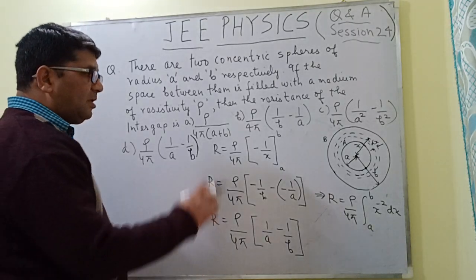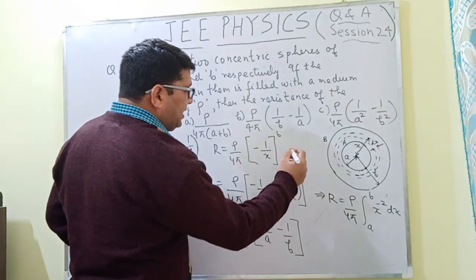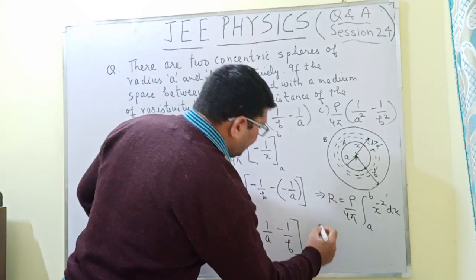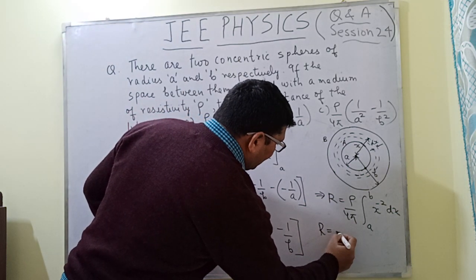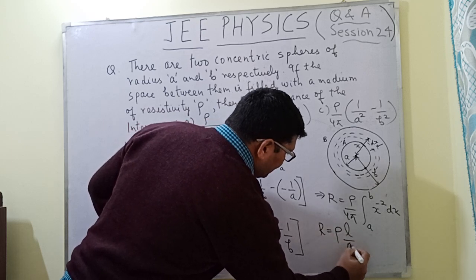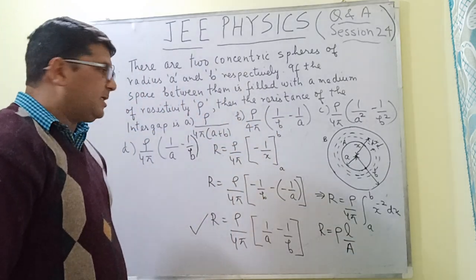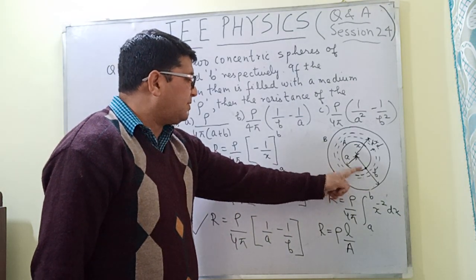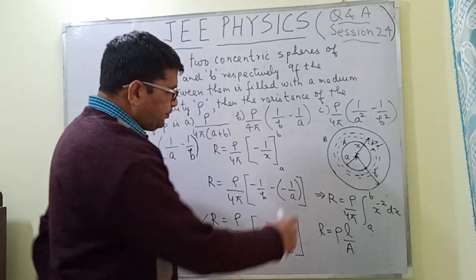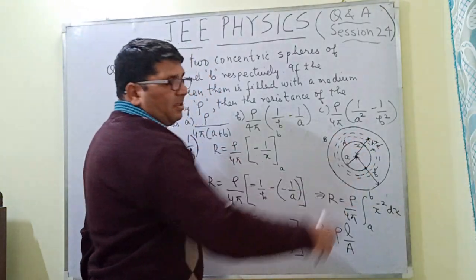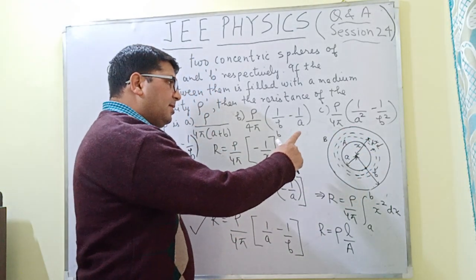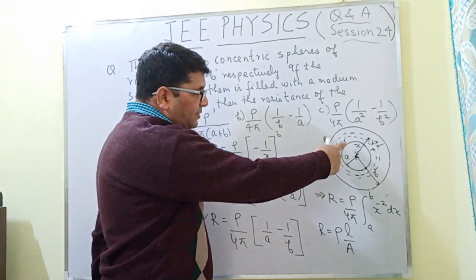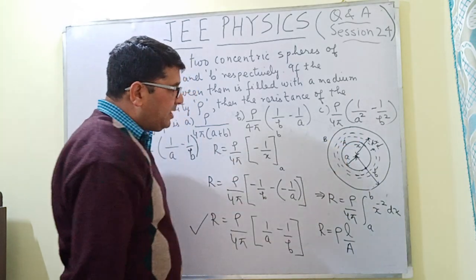The most important thing which we have to remember here is that the resistance R is equal to rho L by A. You have to use this formula. And the second thing is that since we have to find the resistance of this intergap, you have to consider one concentric sphere of radius x, as I have considered in this equation, having a thickness of dx.